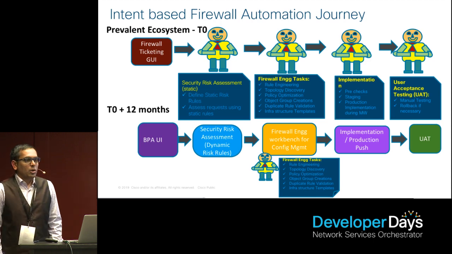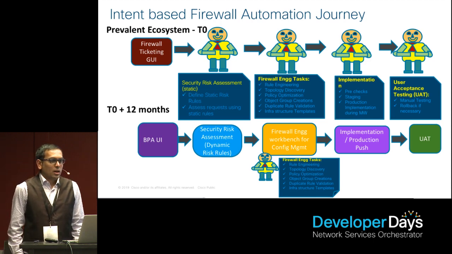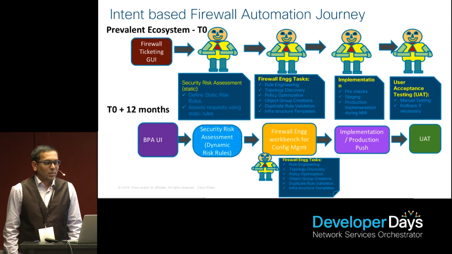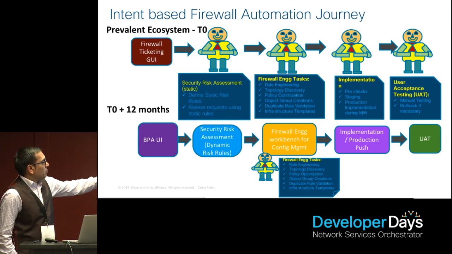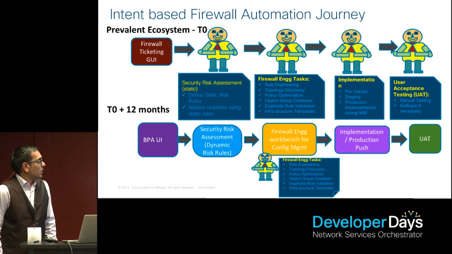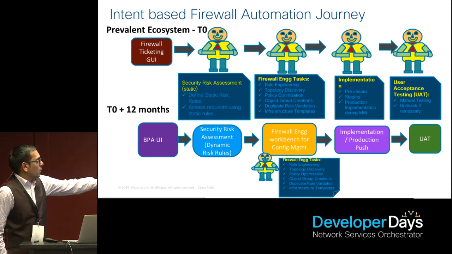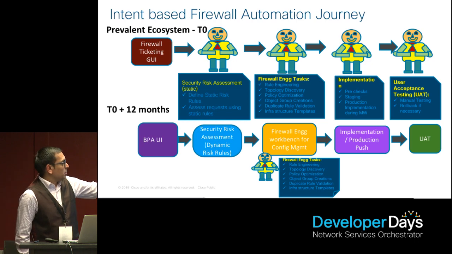And if we are able to use fusion of BPA, which is powered by Forward Networks, and NSO, we are able to obtain end-to-end automation, wherein the requester submits the request through the BPA UI.